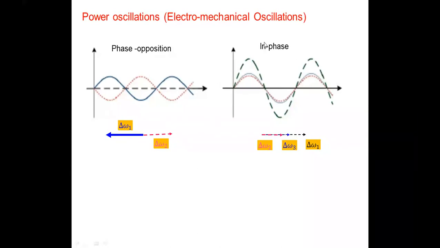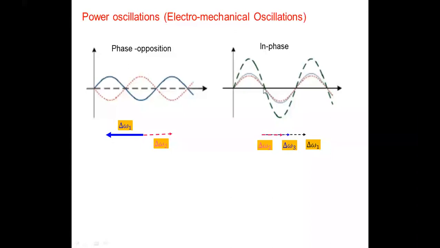Then we also have generators oscillating in the same phase, and in that case the oscillations of one generator and some more generators all follow the same swing.